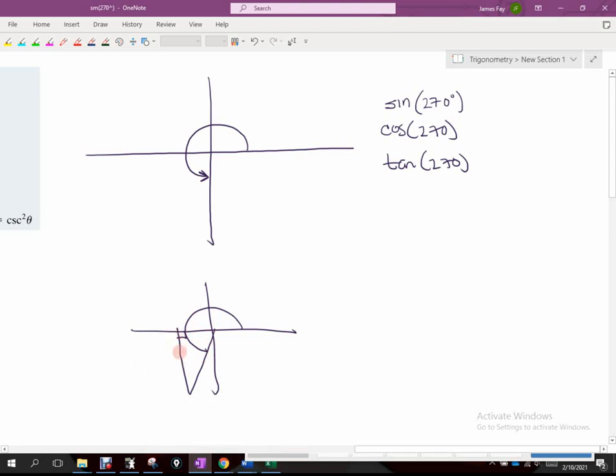I like to draw a triangle that goes back up to the x-axis. I'm going to do that here at 270, but I'm going to take some liberty. I'm going to draw a triangle here. Kind of stinks. Let's see here. Try to get you a better picture.